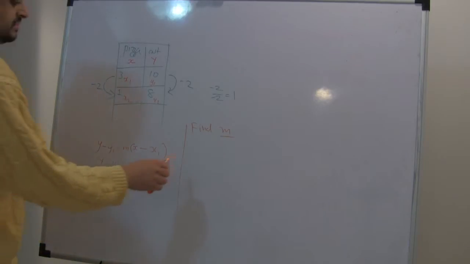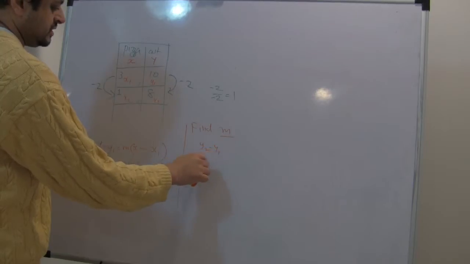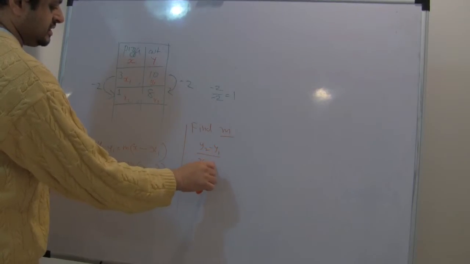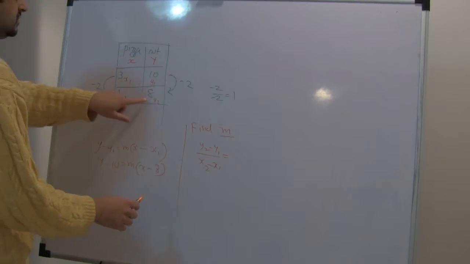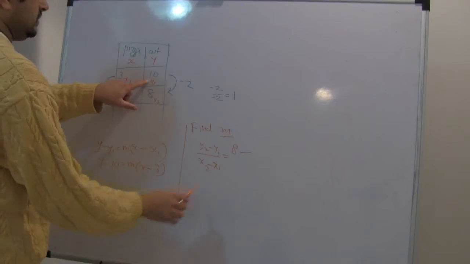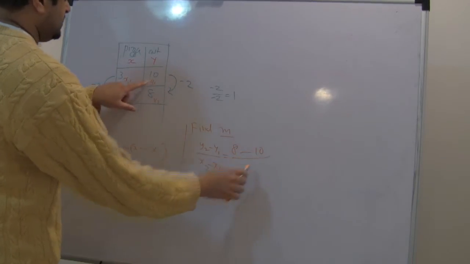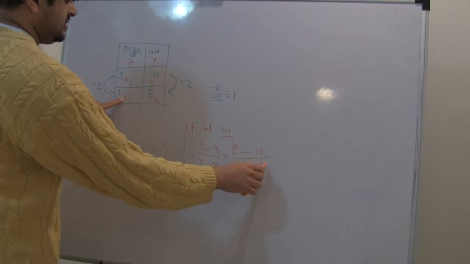Okay, m, or slope, is y2 minus y1 divided by x2 minus x1. We know y2 is 8, y1 is 10, x2 is 1, and x1 is 3.